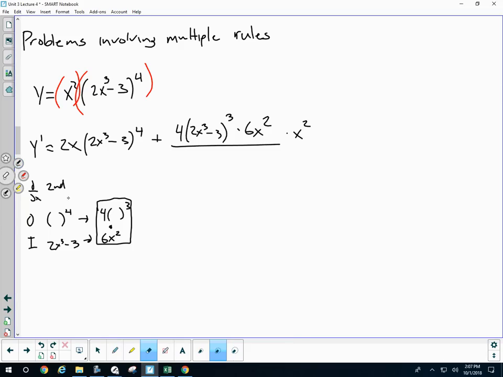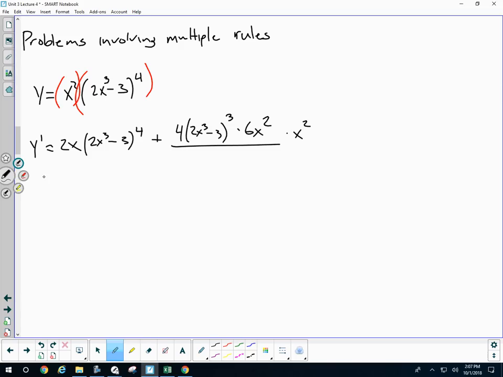Okay, now, probably would simplify this, at least the right side, I can simplify. I can't put this 2x into the 2x cubed minus 3 to the fourth. But I can multiply the 4 and the 6x squared and the x squared together to get me 24x to the fourth.